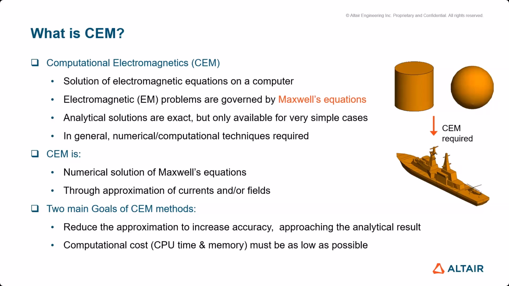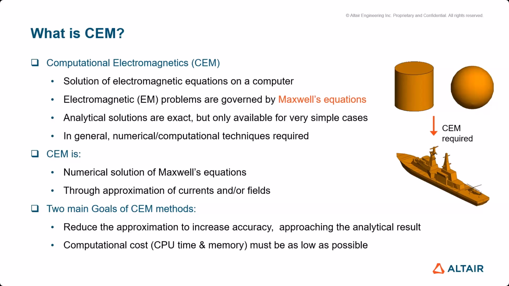So in general, for problems that are more complex, numerical or computational electromagnetic techniques or solvers are required. Essentially, CEM, or computational electromagnetics, is nothing but a numerical solution of Maxwell's equations, and we derive the solution through approximation of currents and/or fields.